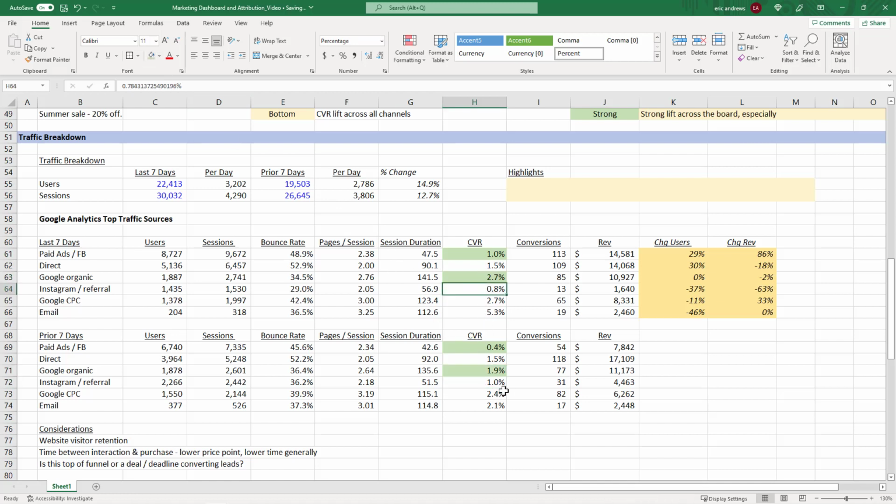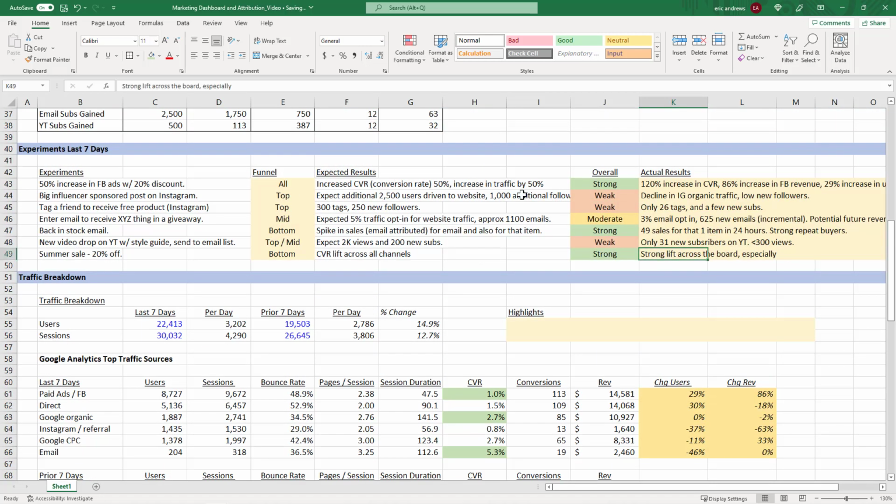Instagram referral conversion rate was actually down. So that means maybe we got a lot of people coming to the website that weren't very high quality in terms of traffic quality. Google cost per click, we saw some lift here. And then we saw a big lift from email, 5.3% versus 2.1%. And so these are probably the three channels that performed the best with this discount.